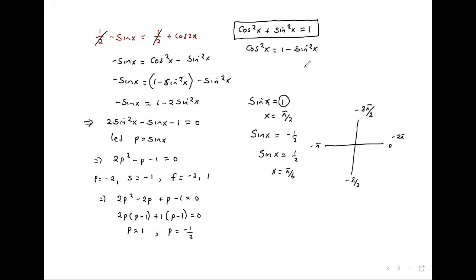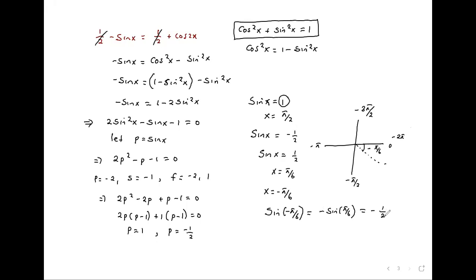So in this case, what we are having here is a negative 30, which is a negative pi over 6. So x is negative pi over 6, because sine of negative pi over 6 would be the same as negative sine of pi over 6, which is the same as negative half.